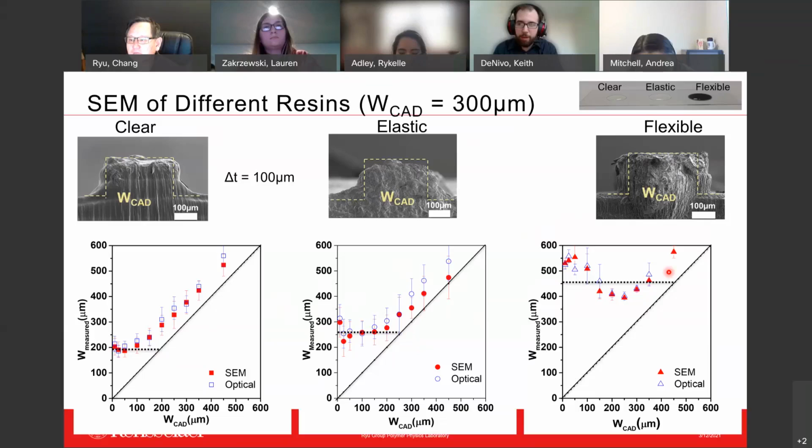And flexible was the worst. It had a minimum resolution about 450 microns. And this could be due to the fact that the flexible is much more turbid than the other 2 clear resins.